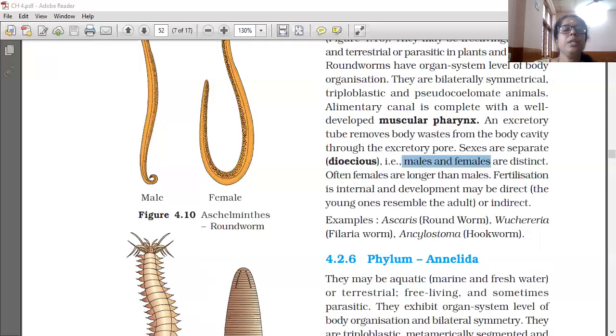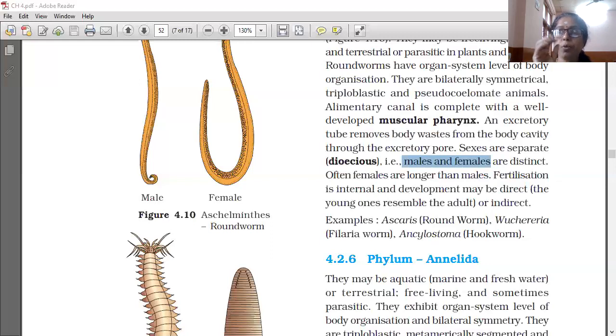Habit and habitat: exclusively marine. No organism is living even in freshwater. Marine means seawater, ocean, salty water; salt content should be there. Solitary means alone, and pelagic means floating. Habit and habitat: exclusively marine, solitary and pelagic.